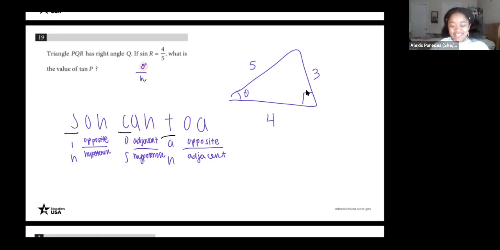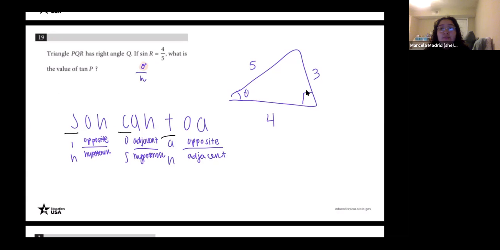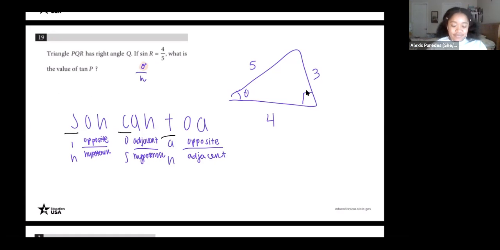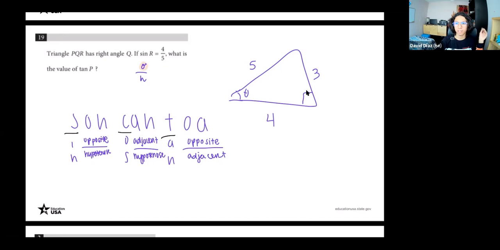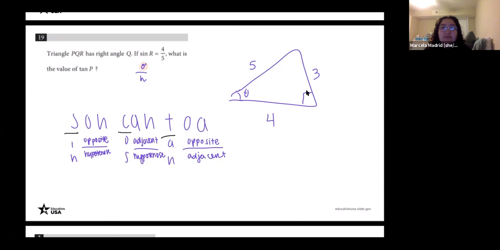But Sohcahtoa is worth memorizing because that will not be on the SAT formula sheet. Sohcahtoa will save your life or trip you up, but for the most part, it should save your life. I'm pretty sure the SAT doesn't test the inverses, right? I think that's too far ahead. They just see the answers. Okay, Sohcahtoa, everyone.